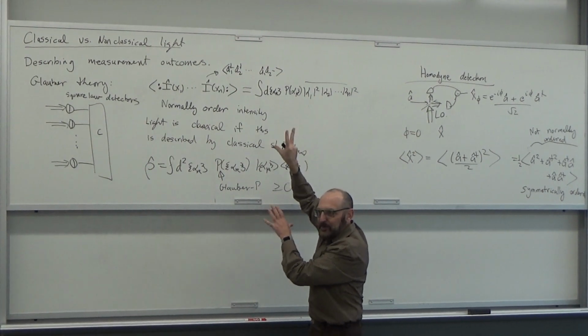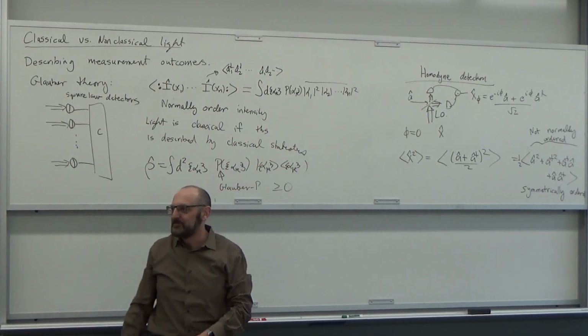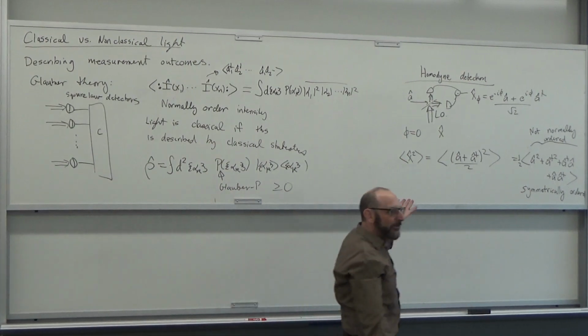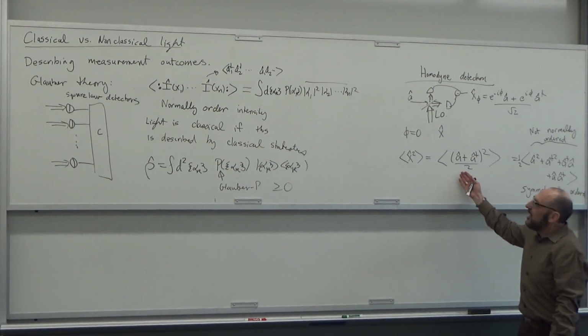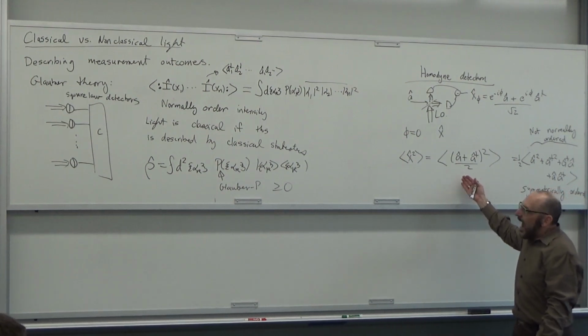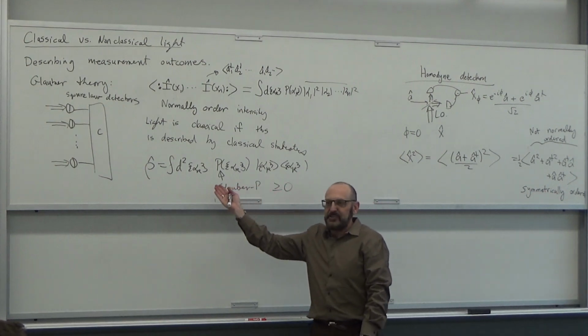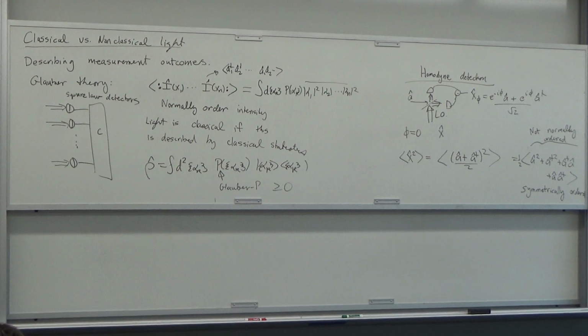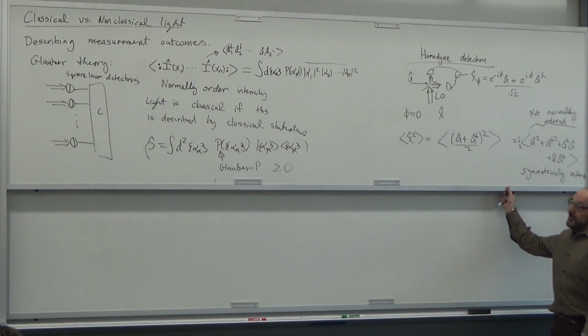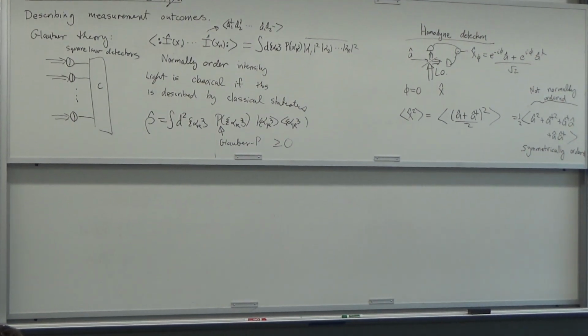Normally ordered is where this came from. If we don't have normal ordering, then we can't relate this expectation value to averages over the P representation. In fact, well, we could if we liked, and we like sometimes, to say, well, that's X, right?